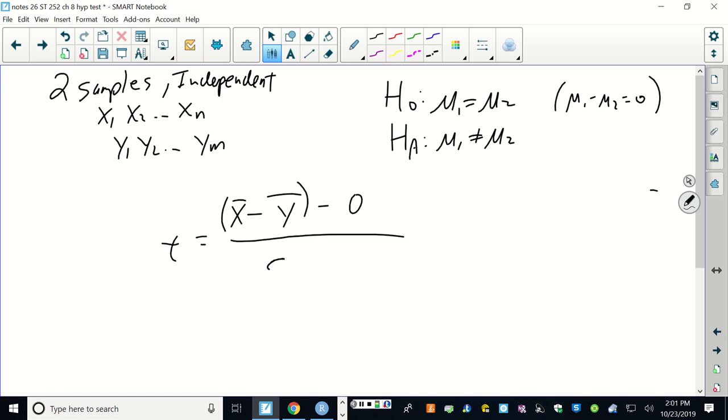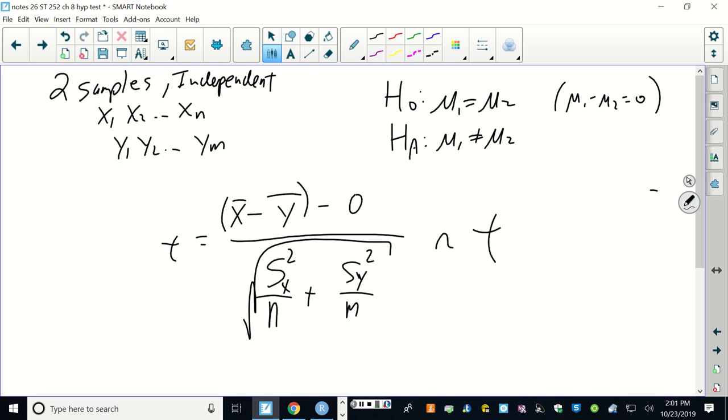Like we did with confidence intervals, we'll take the sample variance of the x's, and then the sample variance of the y's for the second group, each over its sample size. And we'll compare that to a t-distribution with some degrees of freedom.